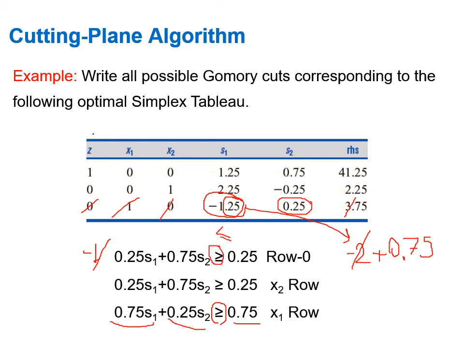If I ask you in a quiz or exam to write the Gomory cut without any implementation, and if you write in this form, it's correct. But if I ask you to implement these in the tableau and find the new optimal solution, then you need to multiply with minus 1 and implement in the tableau.